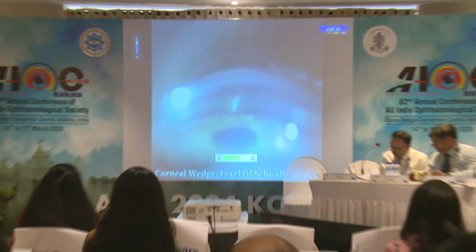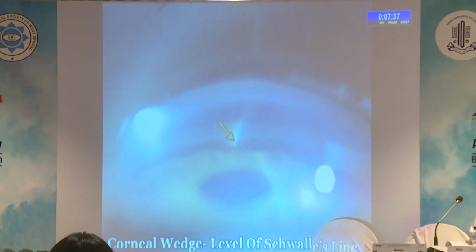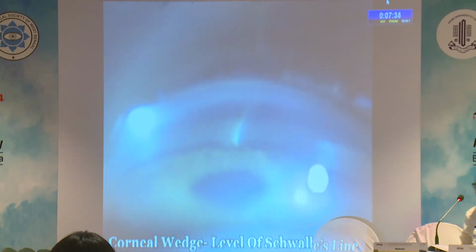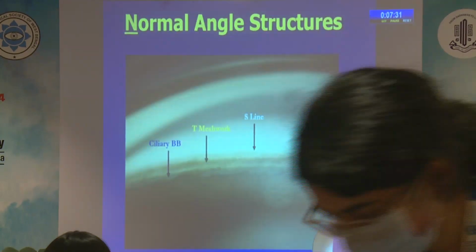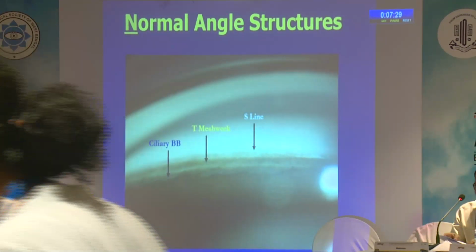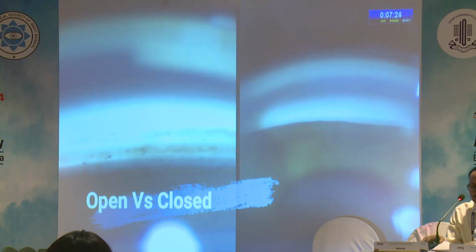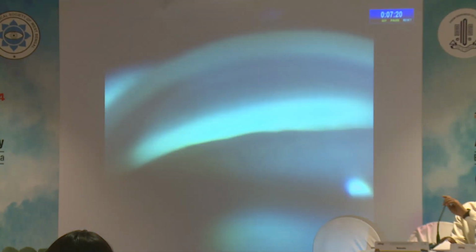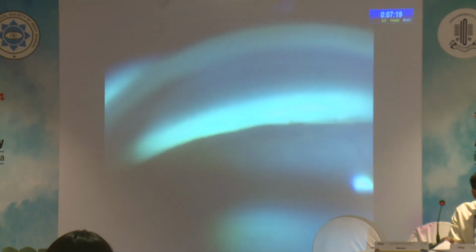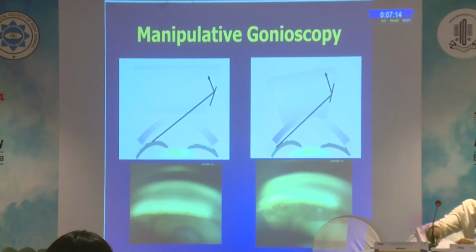We do that using the corneal wedge technique, where a thin slit beam is projected, the tip of which indicates the level of the Schwalbe's line, following which we identify the normal angle structures from the Schwalbe's line up to the ciliary body band, comparing open versus closed angle. If the angle is closed, in OPD we can do manipulative gonioscopy to differentiate.